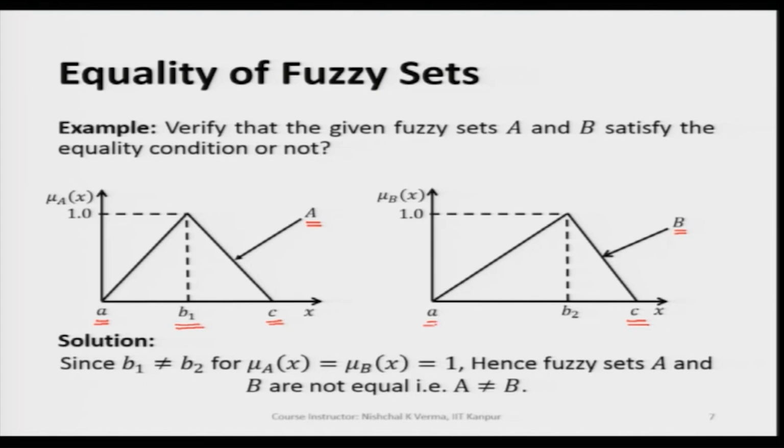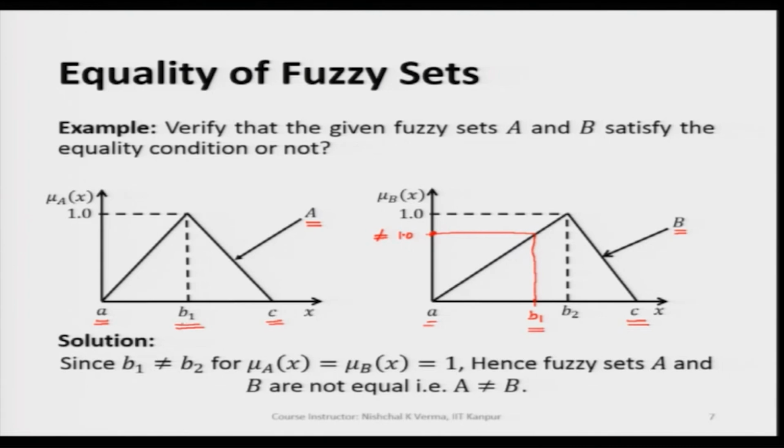If we take some point B 1 in between A and C, we see that the corresponding membership value in fuzzy set B is not equal to 1. This is the membership value corresponding to the generic variable value B 1.